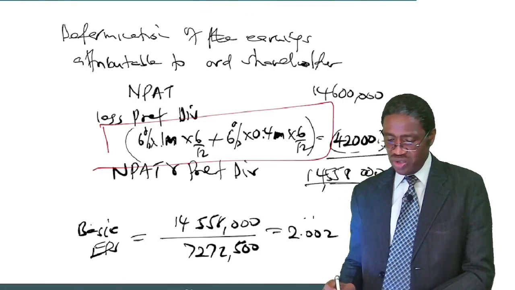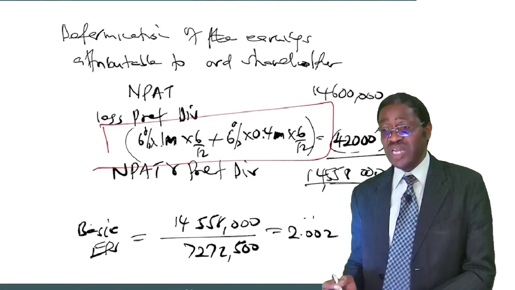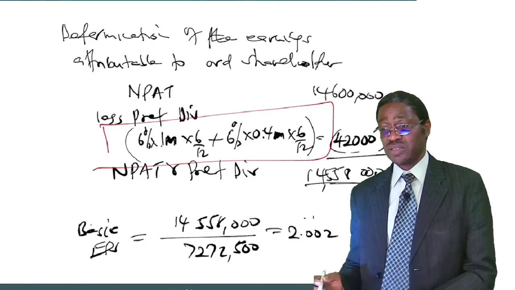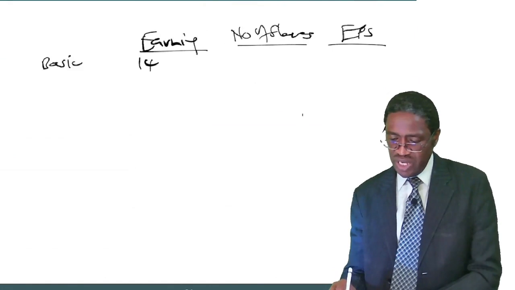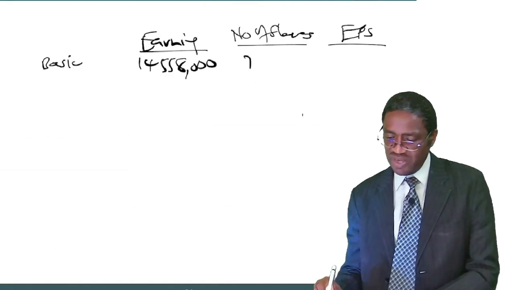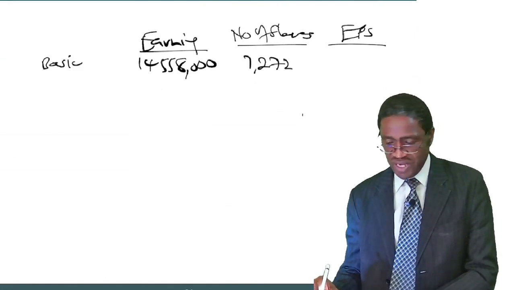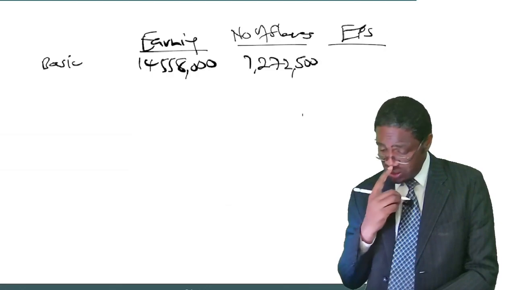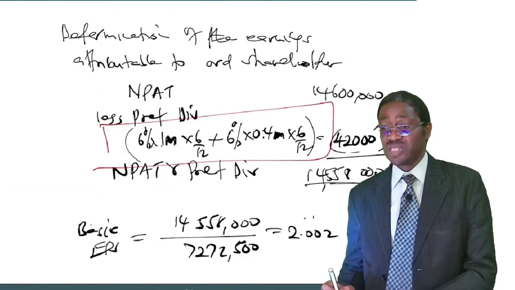And our basic, you remember we got earnings of 14,558,000. That's what we got. Now we take it there. Our number of shares was 7,272,500, let me confirm. Yes, 7,272,500.